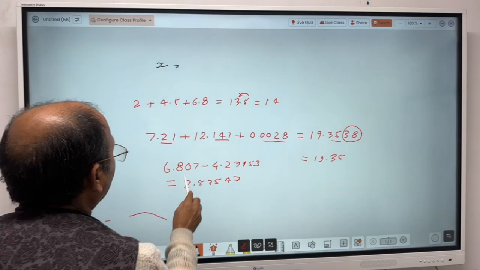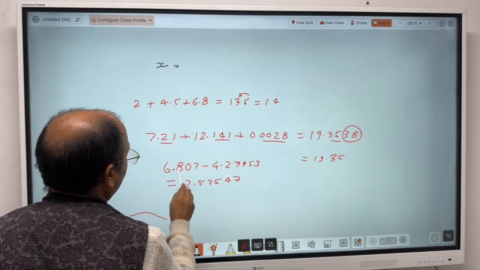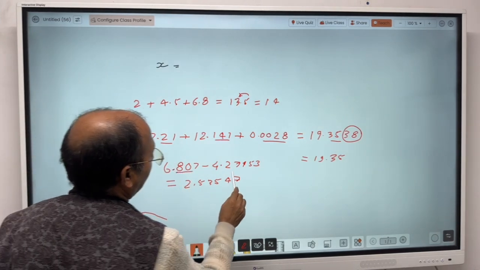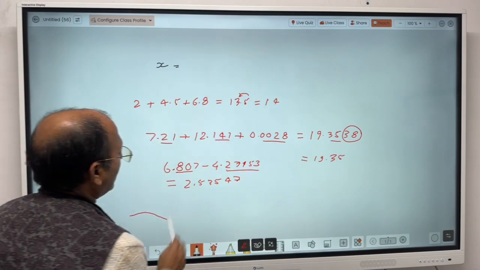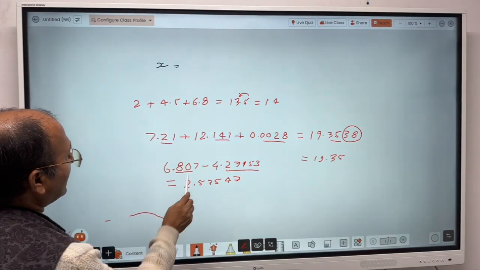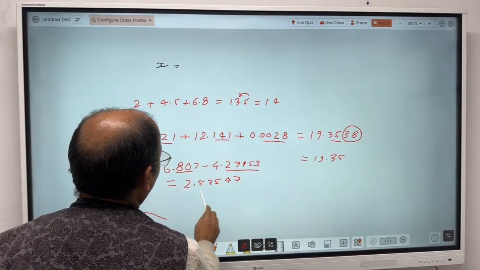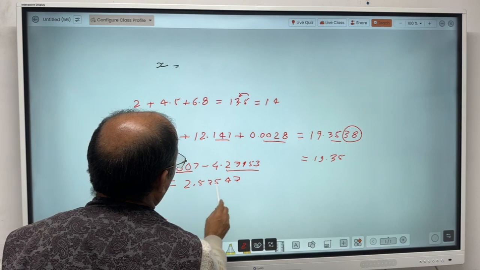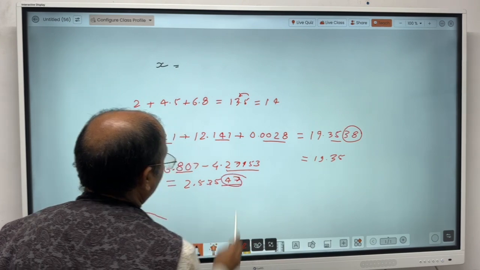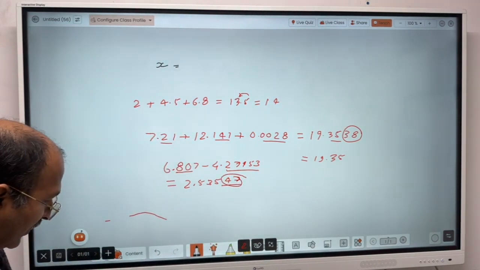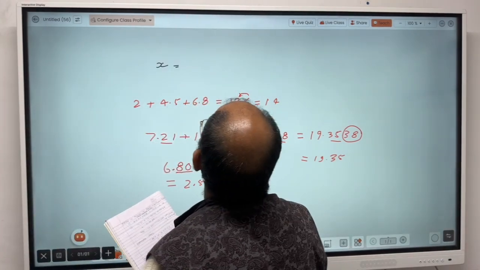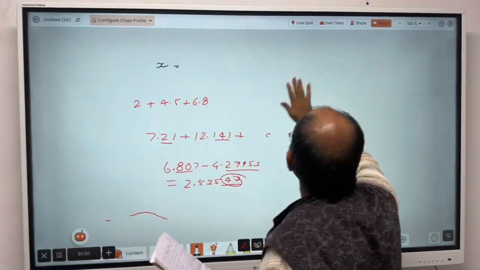But here there are 3 places of decimal. Here there are 5 places of decimal. So our answer should be restricted up to 3 places of decimal. So our answer will be 2.535. These 2 digits will be ignored. Now let's consider some questions of multiplication.